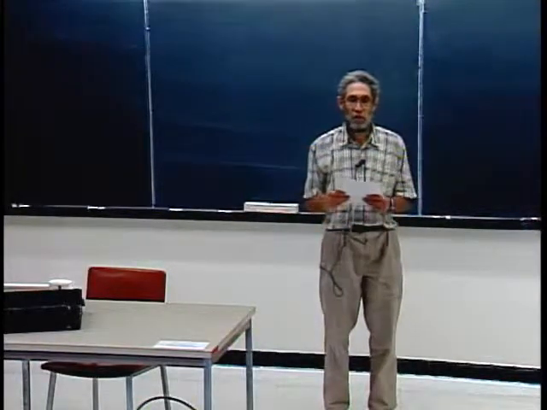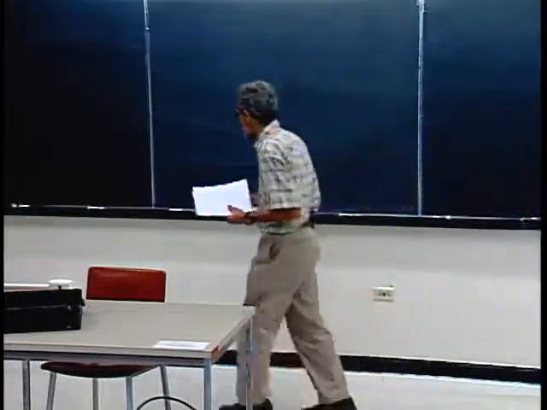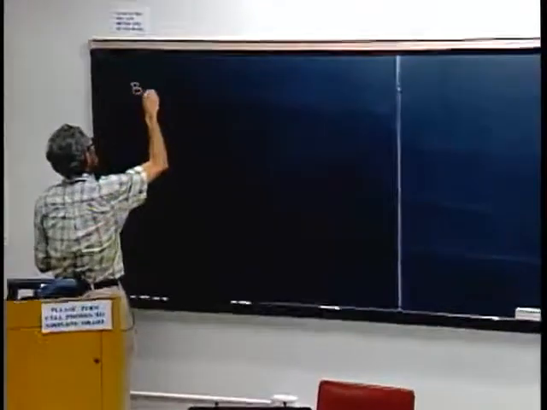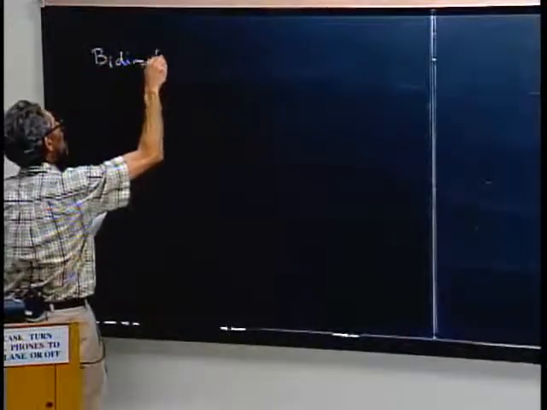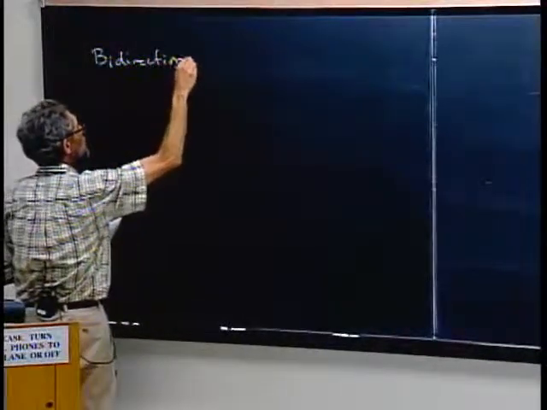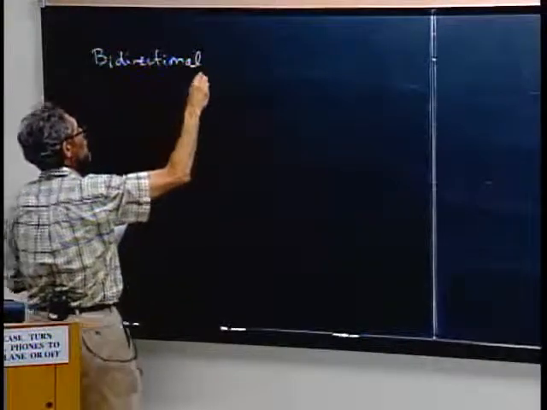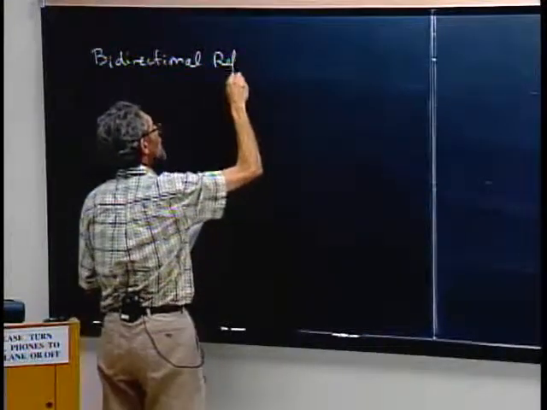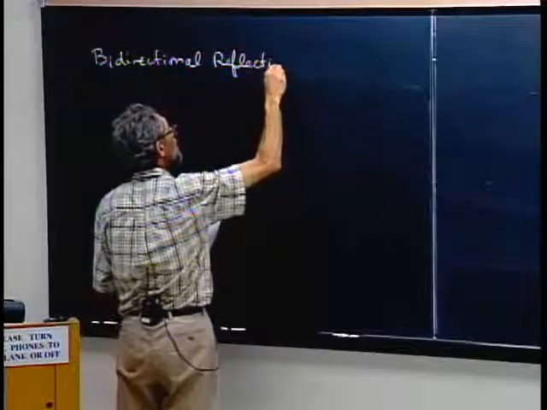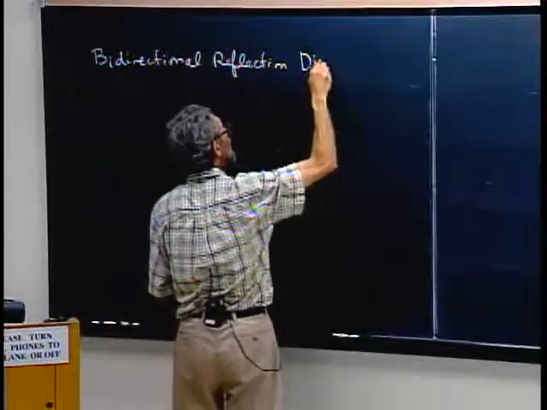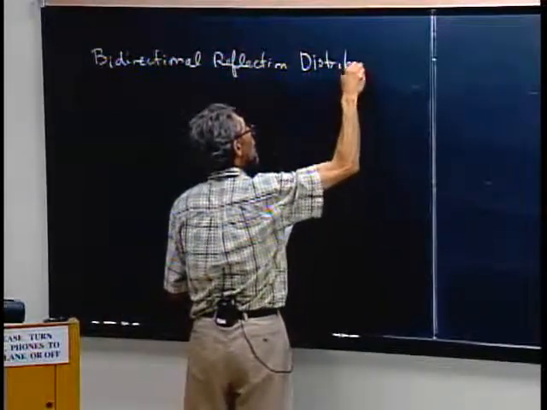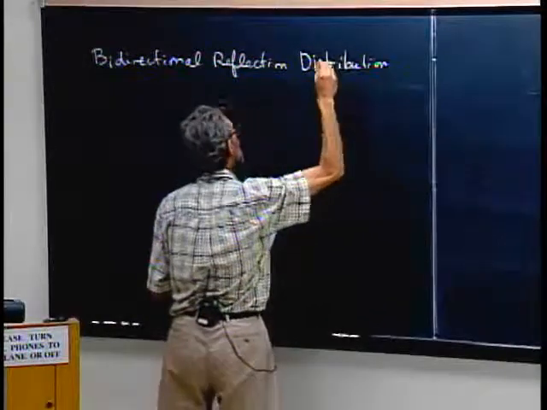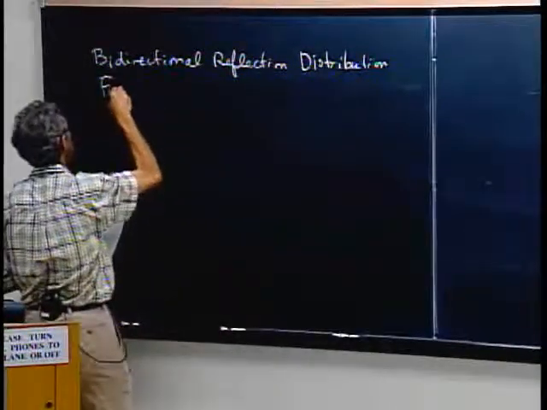So that's why it's called, I should actually write the words down, bidirectional reflection distribution function.